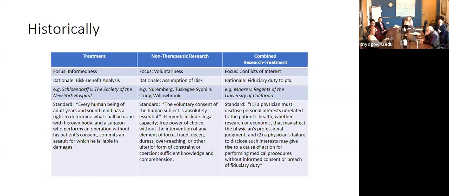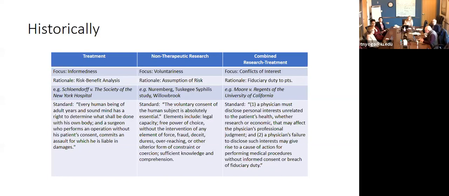And then our third category, which is really going to be what we're focused on today, is this combined category where the research is being done either as part of treatment or arising out of clinical care. And my thematic categorization there is that the concern in those cases is a potential conflict of interest, which might disrupt the fiduciary obligation of the physician to the patient.